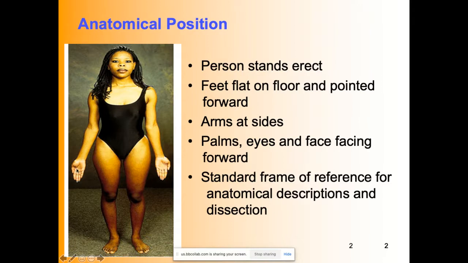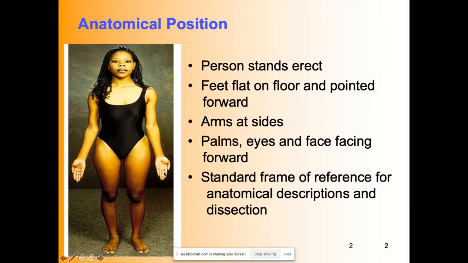When I say the palms are facing forward, I also can use the term anteriorly. What we see here is this individual from the anterior view, meaning the front view. What we don't see is what's on the individual's posterior, on the back side, okay?